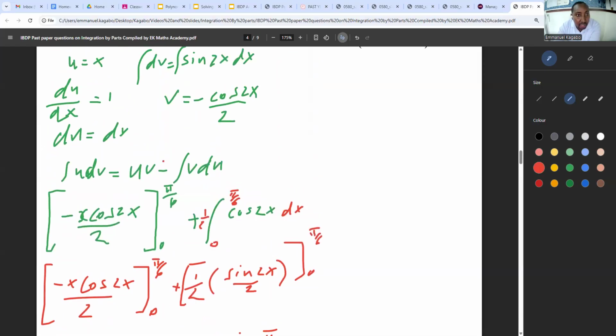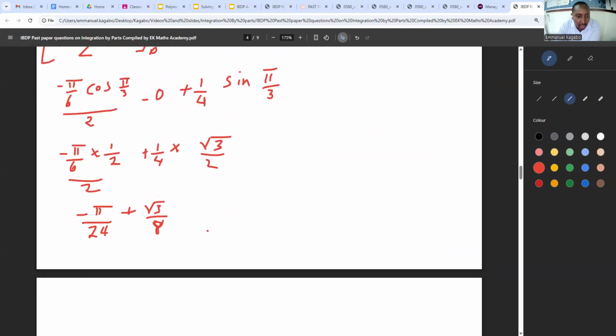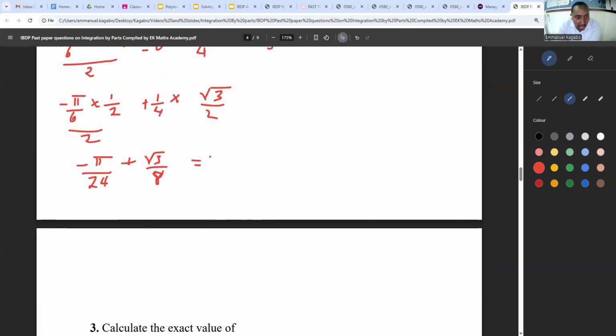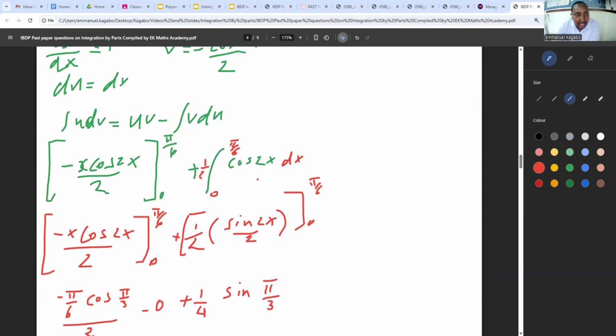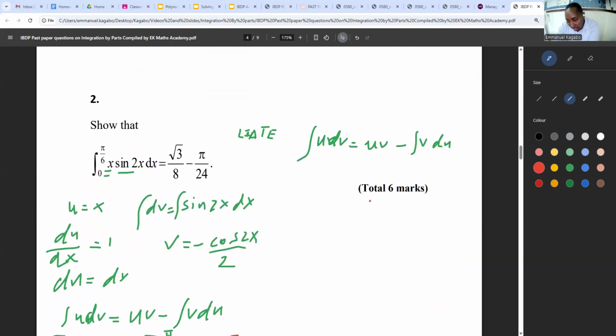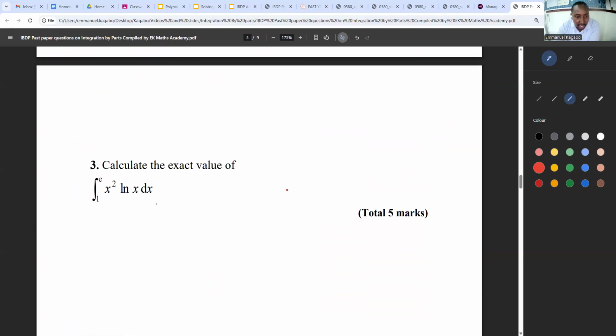Now, basing on what was to be proved, I can write this one: square root of 3 over 8 minus pi over 24. Are we together, guys? That is it. They told me to show. I've got my 6 marks. Are we together? I hope you have understood.